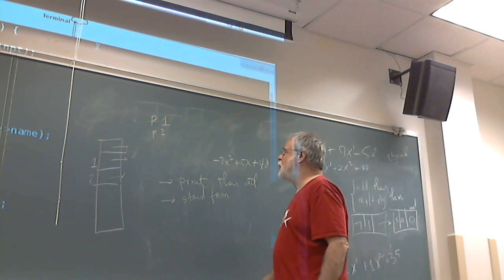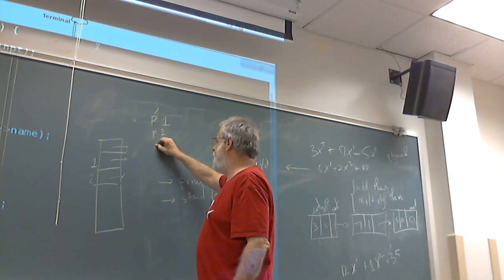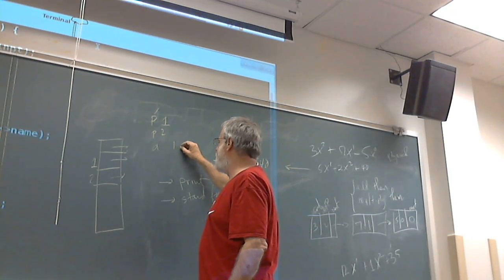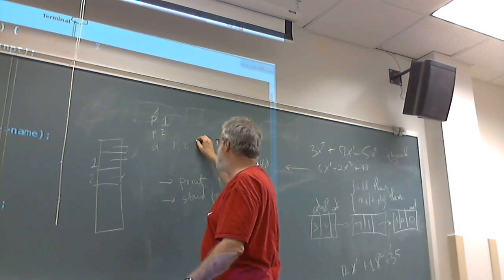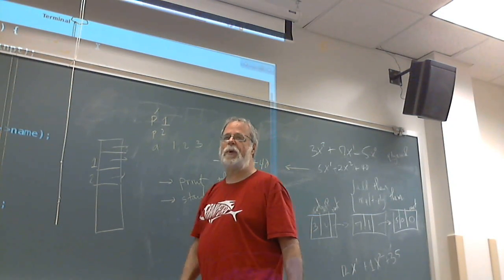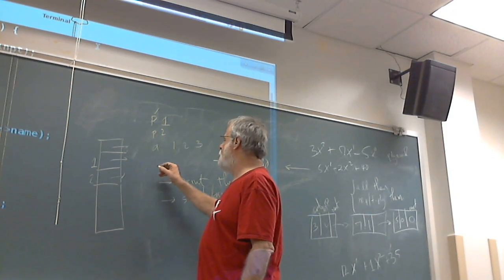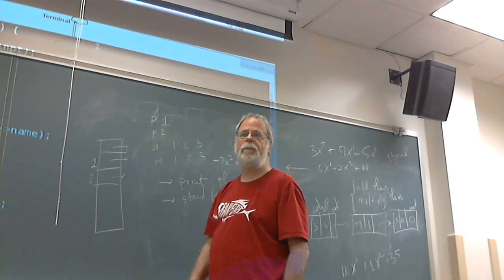And then we'd have a print operation. We'd have an add operation. So the add operation would look like add: we want to add polynomial 1 and 2 and put it somewhere. Maybe put it in slot 3. Multiply polynomials 1 and 2 and put it in slot 3.